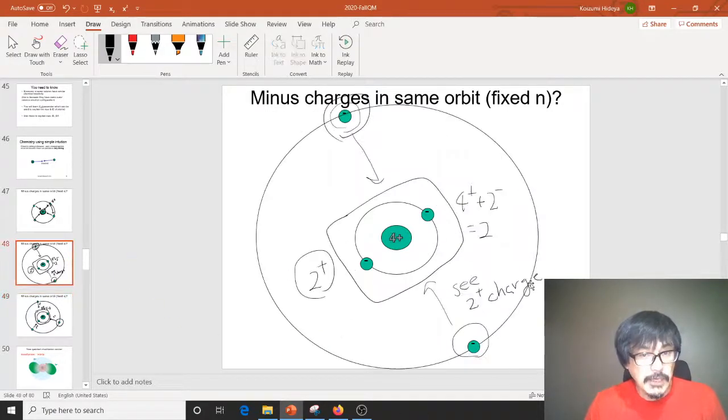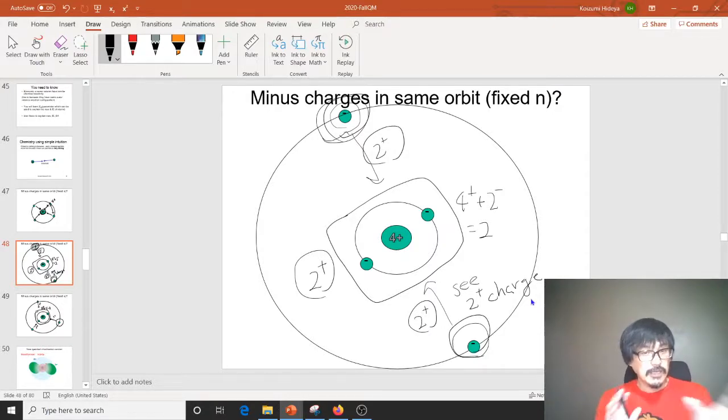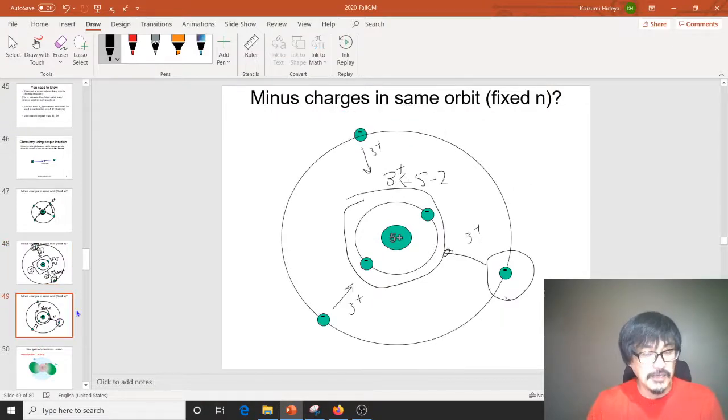Compared to this one right here, each one of these 2 electrons sees a 2 positive charge in the middle, right? So which one of these outermost negative charges gets attracted more? Is it this case or that case right here?